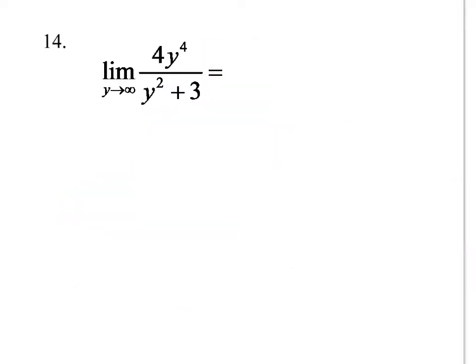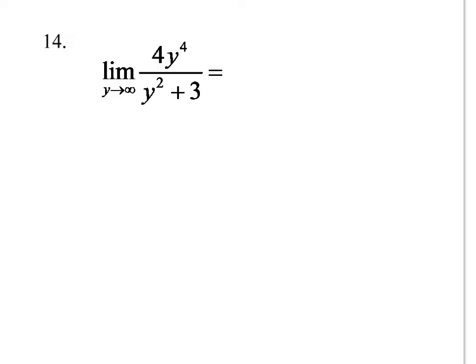Okay, so let's look at this guy right here. I have 4y to the 4th over y squared plus 3. I want to find the limit as y goes to infinity. So again, my highest power of y in the denominator is y squared.